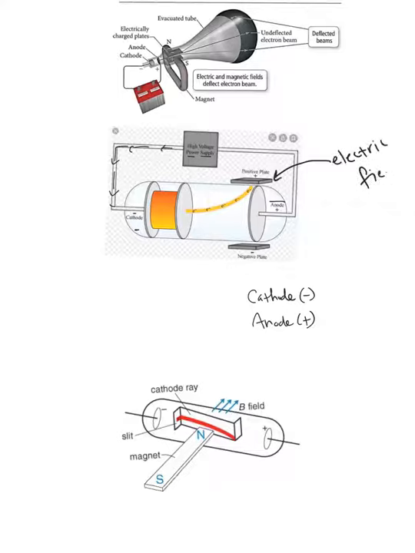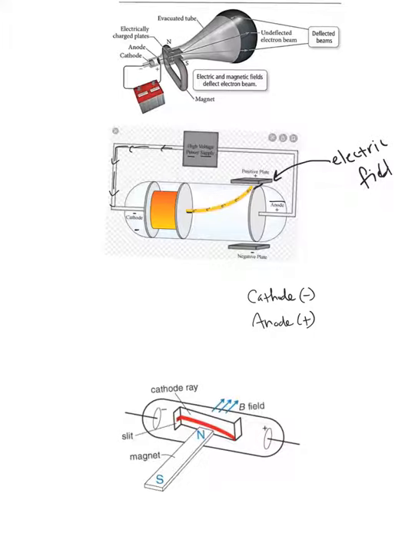Electric field means I have plus and minus, so here's a positive and a negative plate. So if I have the cathode ray traveling in a straight line, what he noticed was the line went up. It went to the positive. Now you know that positive and negative attract. So this made him conclude that the cathode ray has a negative charge.